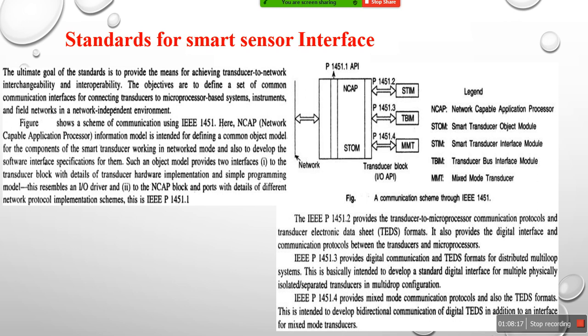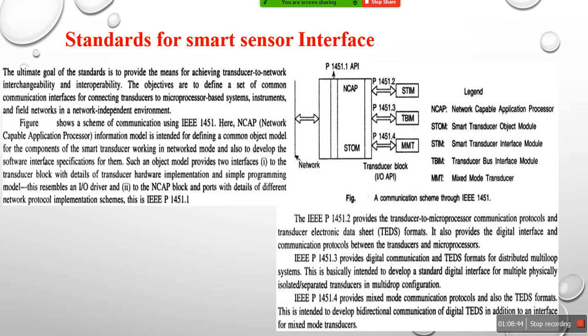That means it shows a scheme of communication using either IEEE 1451 or NCAP, that is, the Network Capable Application Processor information model, which is intended for defining a common object model for the components of the smart transducer working in the networked mode, and also to develop the software interface specifications for them.